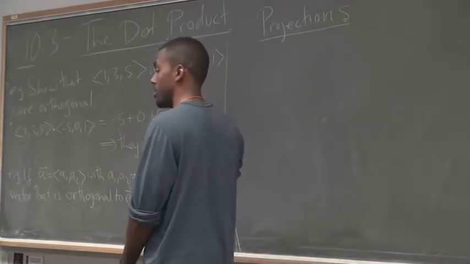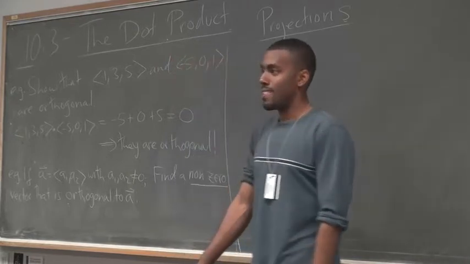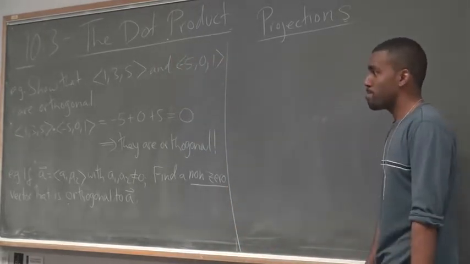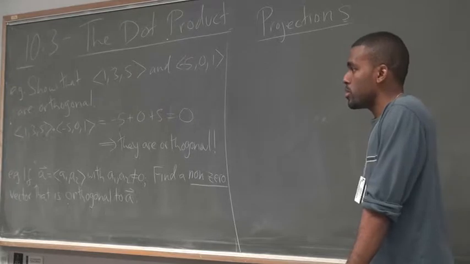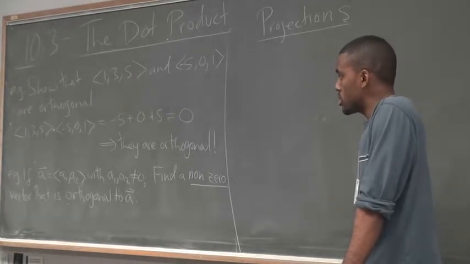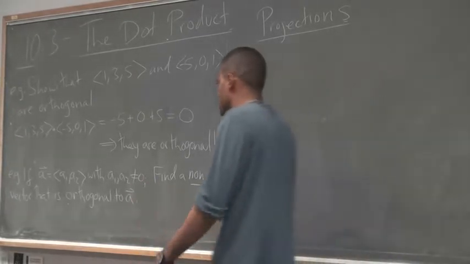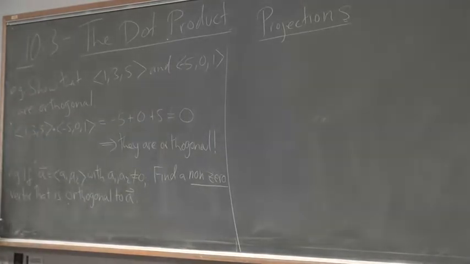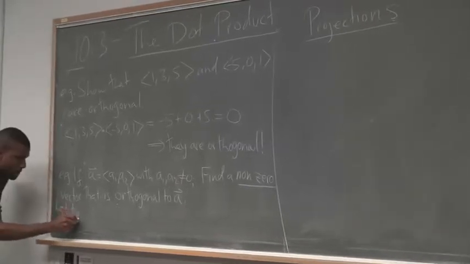Anyone have a guess at this one? So I guess if your second vector is B1, B2, then 0 equals A1 times B1 plus A2 times B2. That's what it tells you.